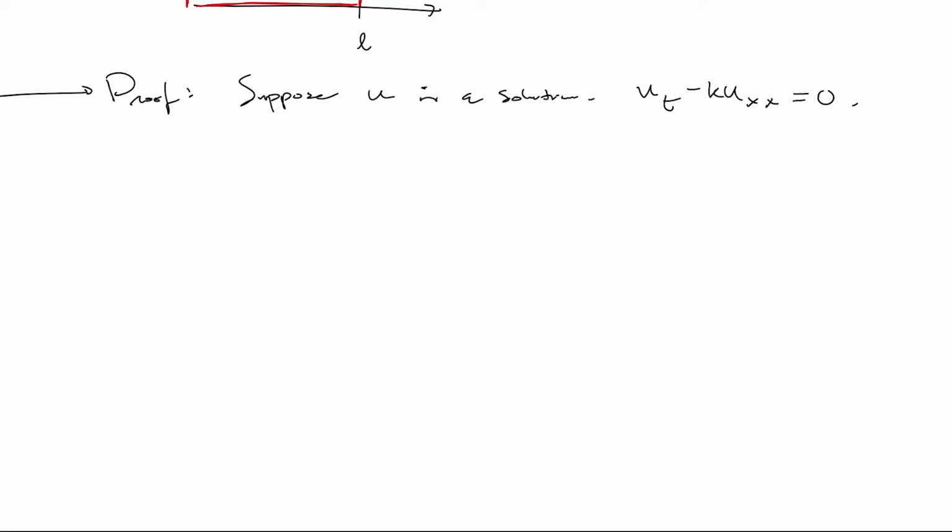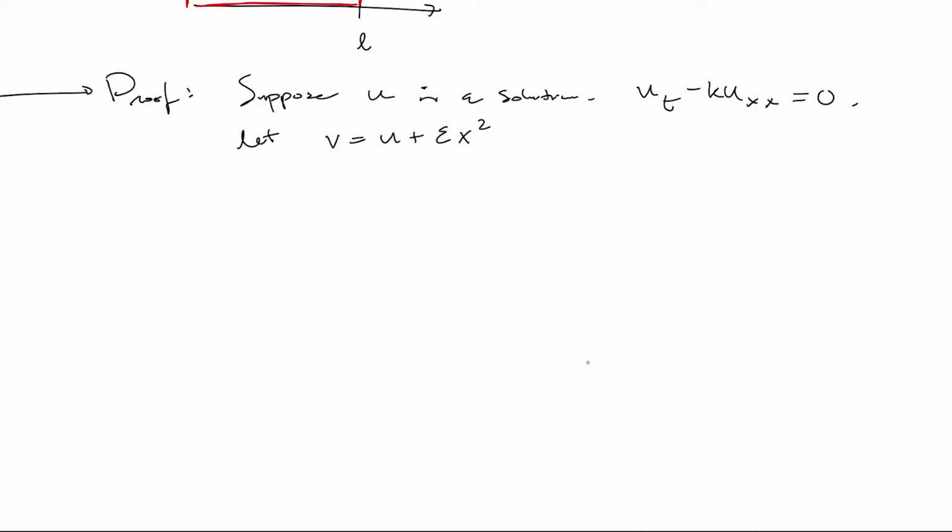Now we're going to let v equal u but perturbed slightly, and that perturbation is going to be epsilon x squared. This is going to seem a little arbitrary at first, but it'll become clear why we chose this in a second. It basically just works out very nicely.